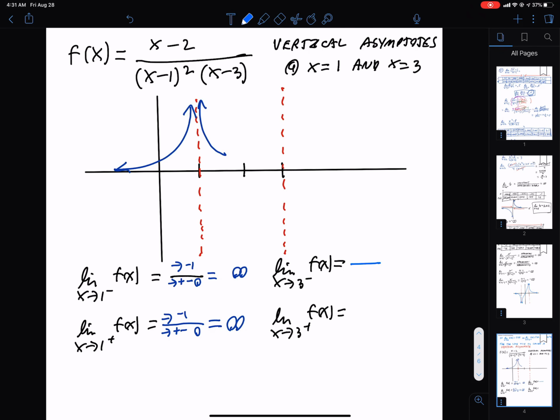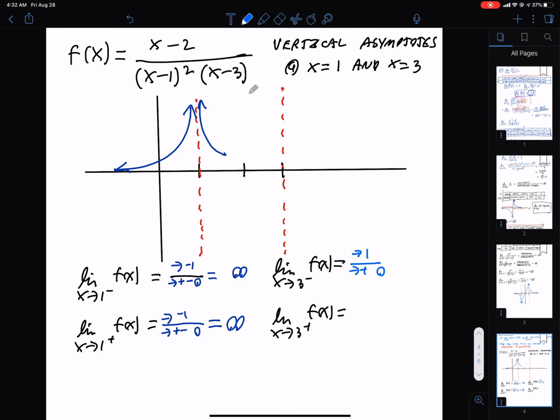All right, so we're approaching 3 from the left. So 3 minus 2, the top's going to approach 1. And then 3 minus 1 is 2. 2 squared is 4, so it's positive. And then 3 minus 3 approaches 0, so we know the bottom's approaching 0.